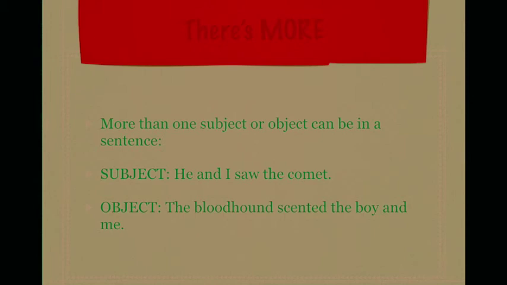Comet in this sentence is the object. It was who or what was being seen. If we skip down to the object sentence, it says the bloodhound scented the boy and me. The bloodhound is the subject, and boy and me are the objects. We are the ones that are being scented.